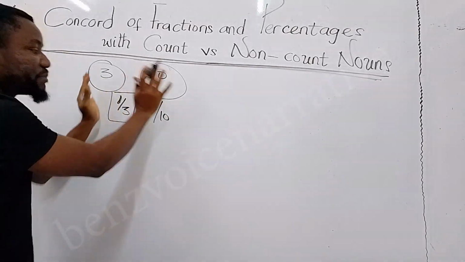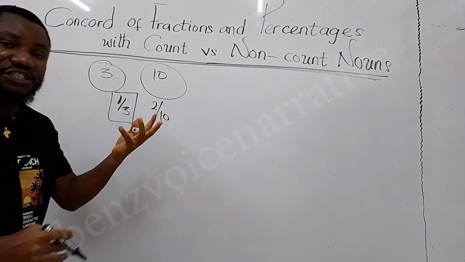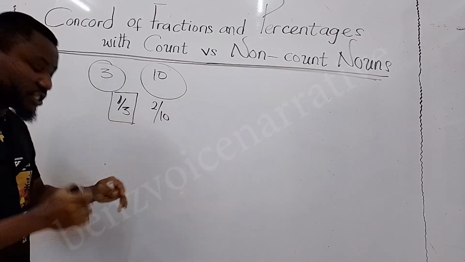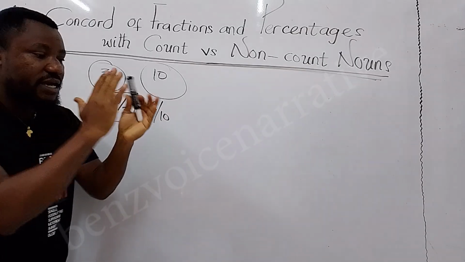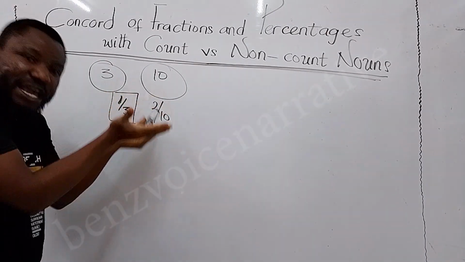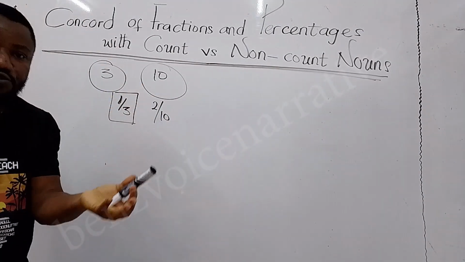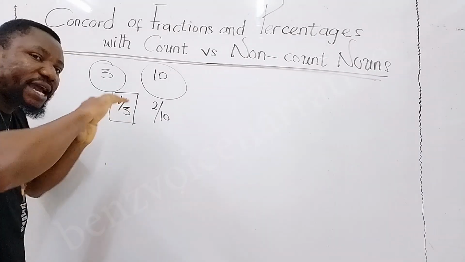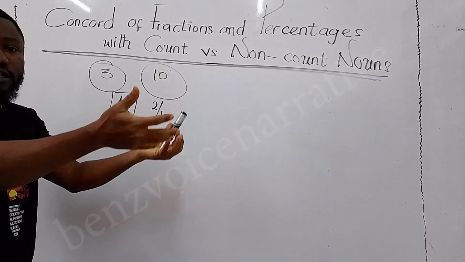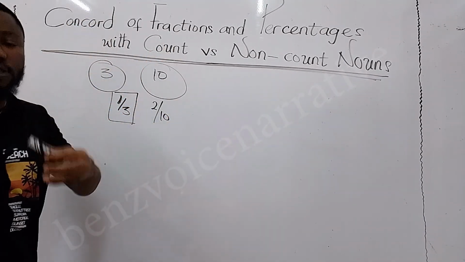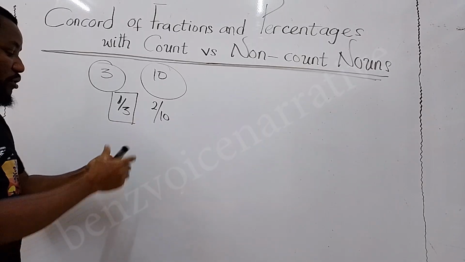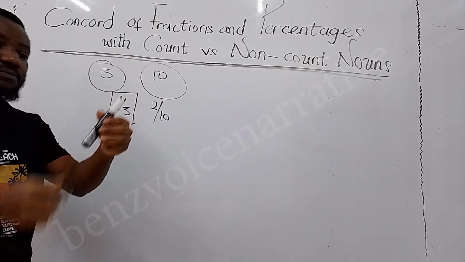So this simply gives us the definition of what a fraction is. A fraction is simply a micro part of a macro thing. It is a minute part of something, or maybe a big part of something, of a bigger thing. So for example, look at this marker.